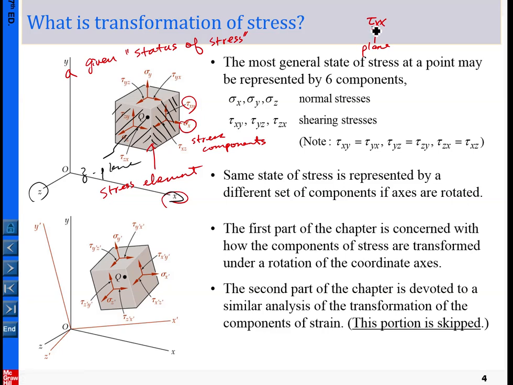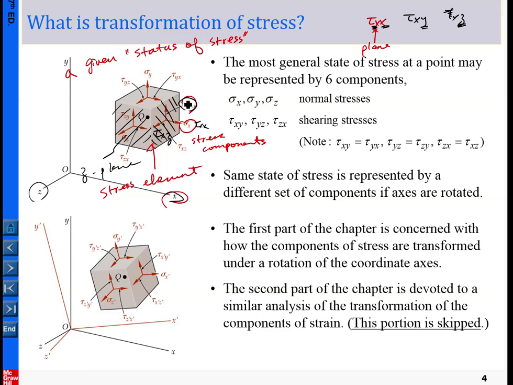So the first index indicates which plane it is lying on, so x, y, and z. The three stress components lying on the x-plane are tau xx, tau xy, and tau xz. The second index indicates the direction to which it is pointing.